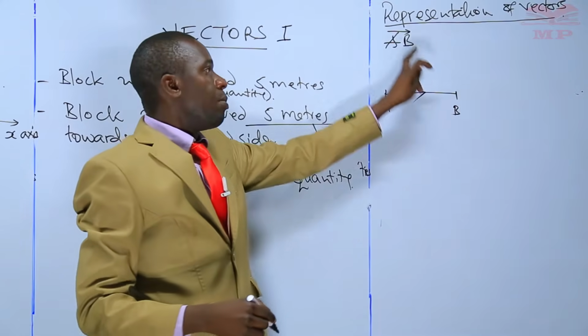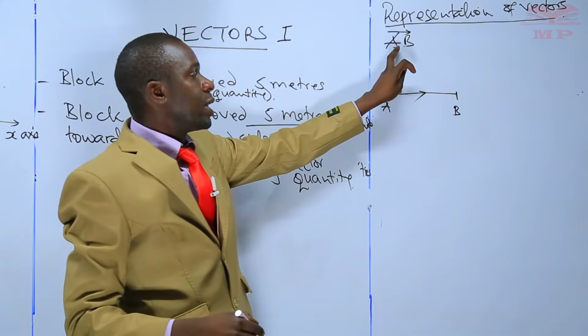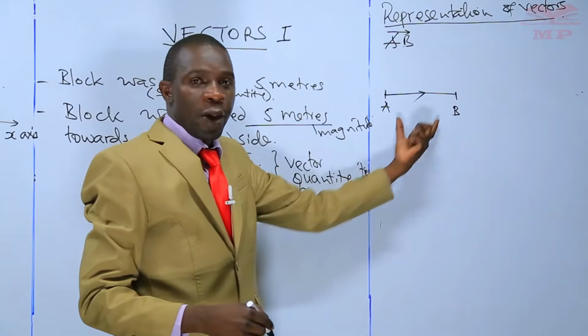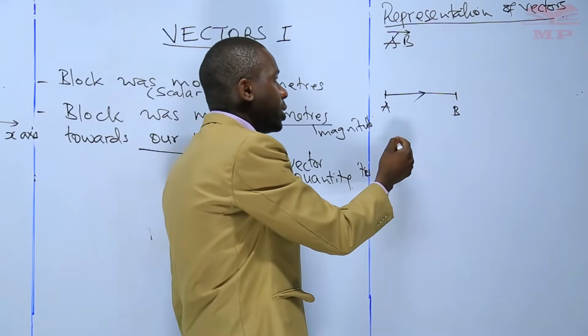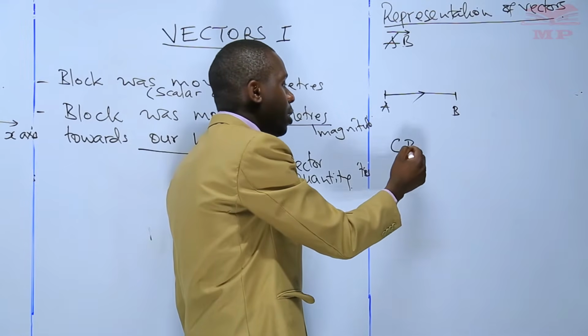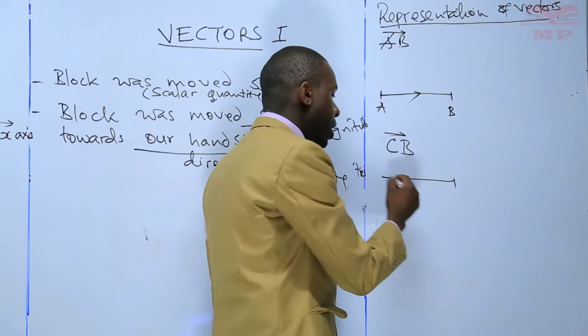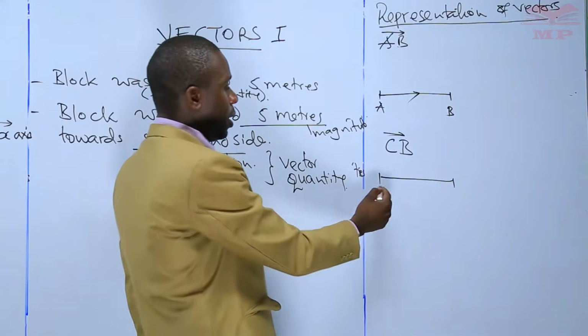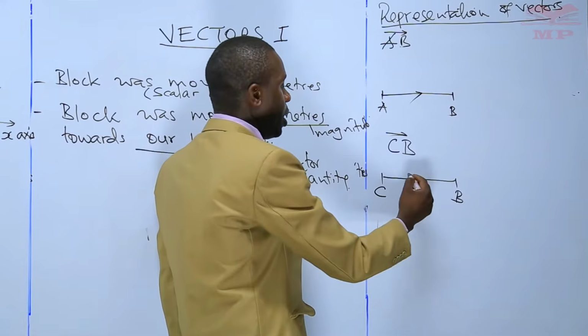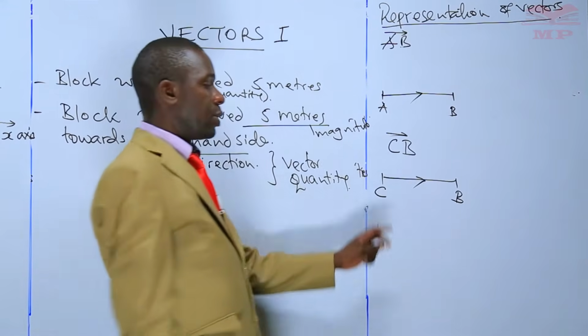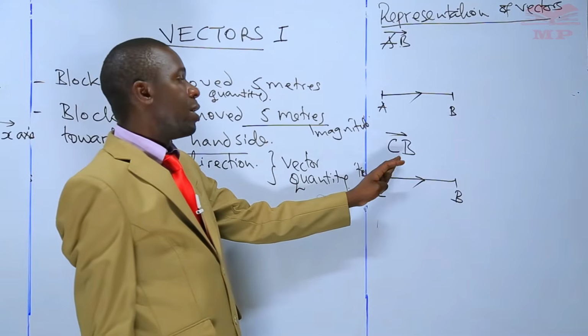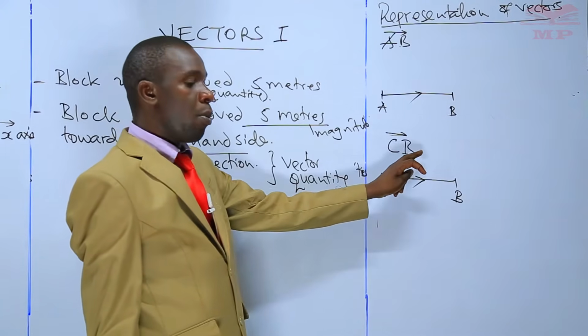So this vector can be represented as vector AB. You can, for instance, represent vector CB, which means we have a line from C towards B, and the direction is from C to B.